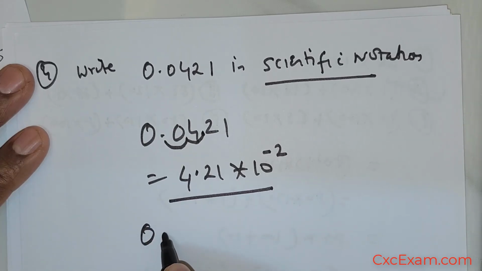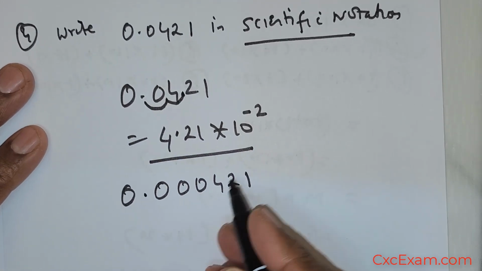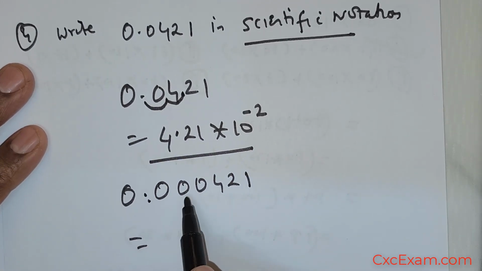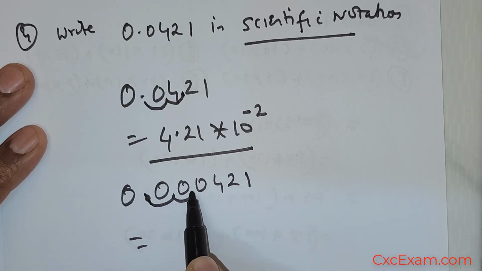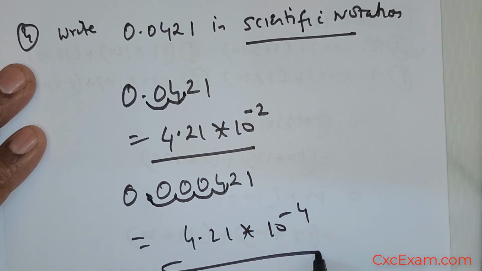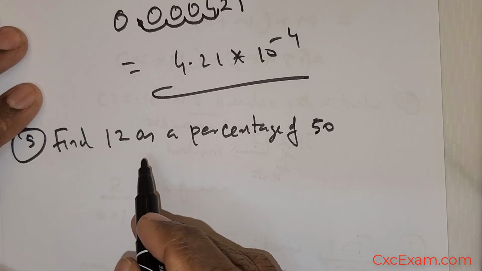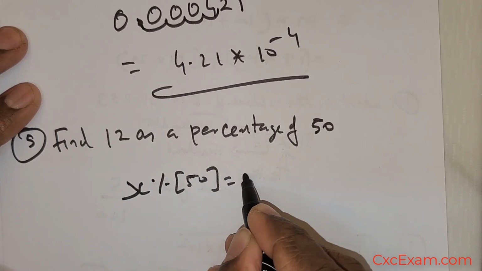Now if they have something like 0.000421, and they are asking you to write it in scientific notation, you need to move the decimal point 1, 2, 3, 4. So it's 4.21 times 10 to the power of negative 4. So that's the solution for this question. Now they are asking us what percentage of 50 is 12.